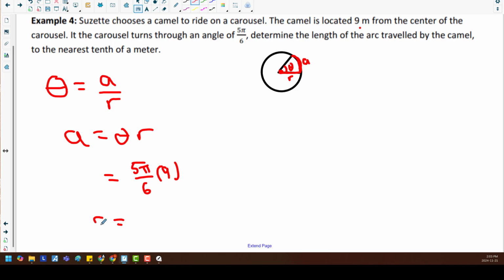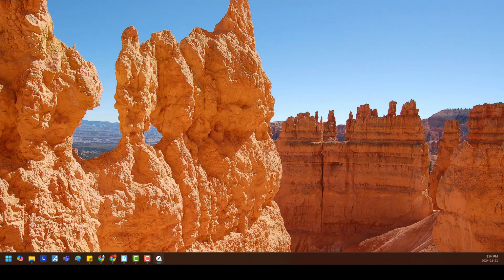And if you do that in your calculator, remember to always put the approximate sign. So arc length is approximately equal to 23.6 meters. That's it. All right. This is a simple example. Let's move on.